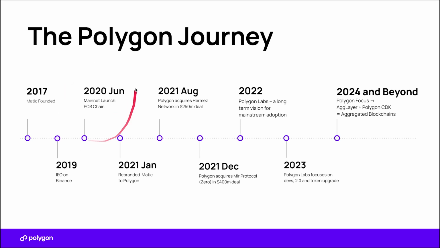And then in 2020, we launched the POS chain, which is our biggest product and is the chain that Polygon is well known for. Then in 2021, we rebranded from Matic to Polygon. And then in the next 2 years, Polygon made a huge bet on a blockchain scaling technology called zero knowledge.